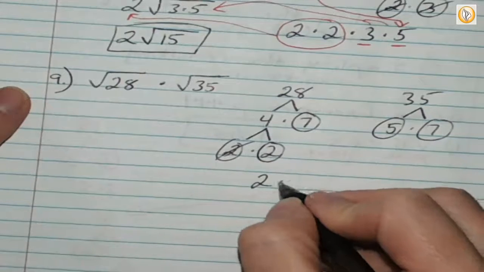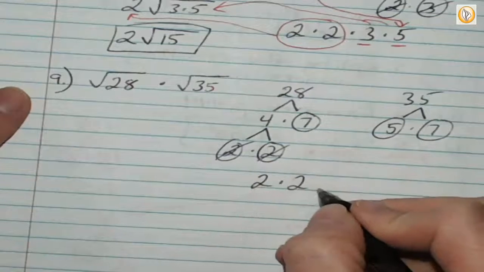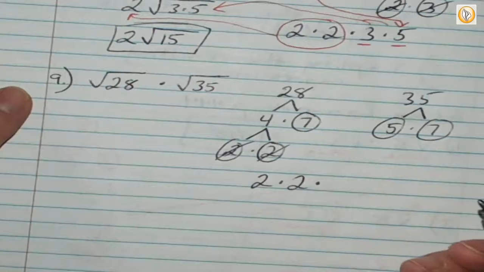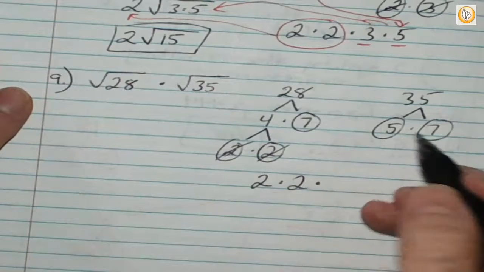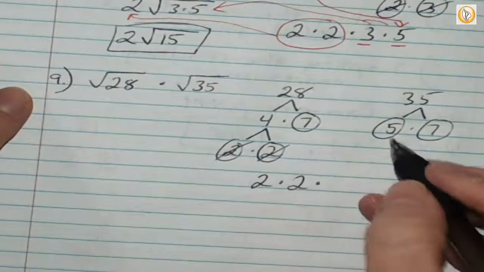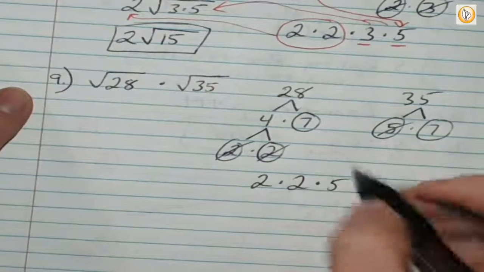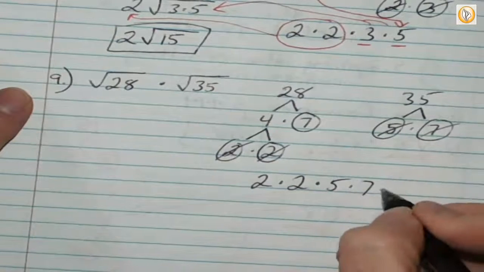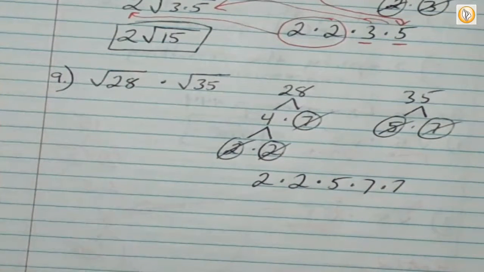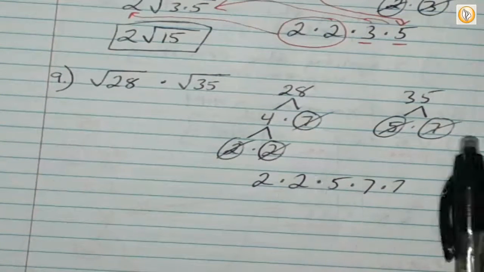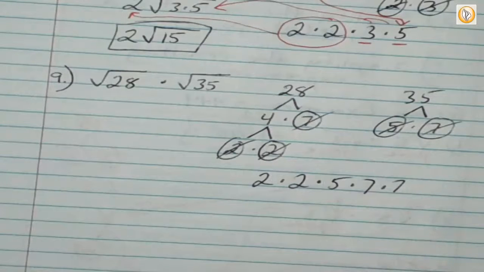So 2, and you write them for both of them in order from least to greatest for both factor trees. So like I have 2 and 2, I'm going to put 5 over here, and then I have 7 and 7. Y'all see that? So you're doing the factor tree for both of them. You want to put them in order from least to greatest. It'll help with organization is what it does.